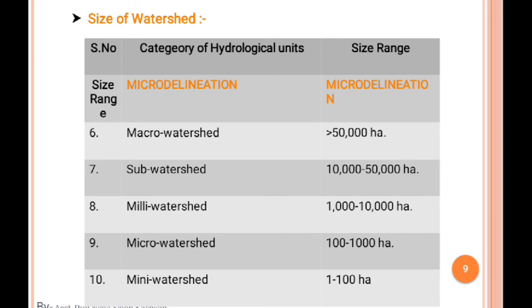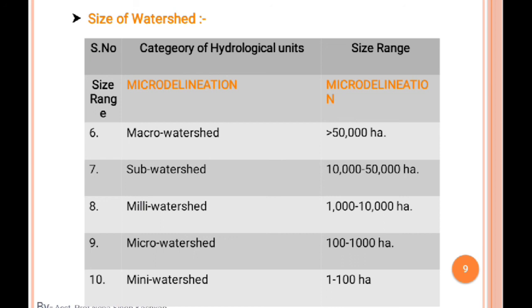Let us move to the next slide. This is our column for micro catchment areas. In micro catchment areas we also have 5 categories: macro watershed, sub watershed, milli watershed, micro watershed and mini watershed. हमेशा एग्जाम में फ्रिक्वेंटली ये पूछा जाता है, कॉम्पिटिटिव एग्जाम में आपको रेंज बता देगा या आपको पूछेगा कि माइक्रो वाटरशेड का साइज रेंज कितना है, तो वो आपको पता होना चाहिए.